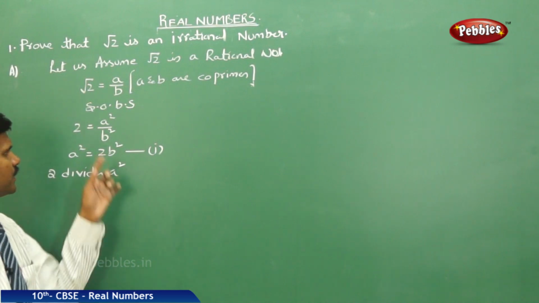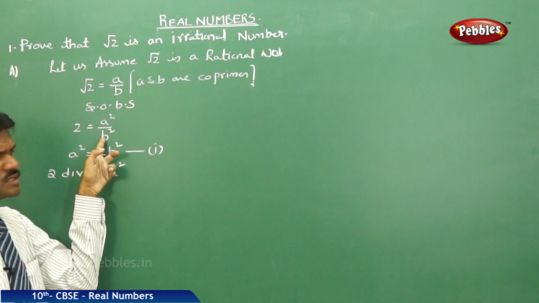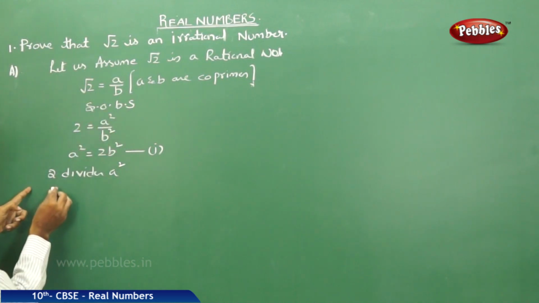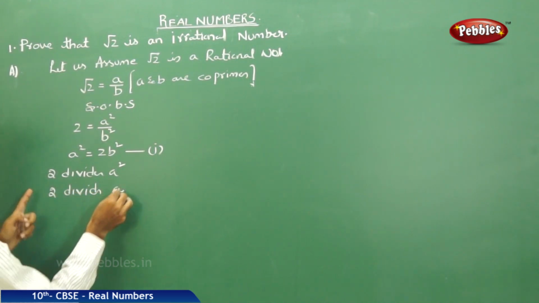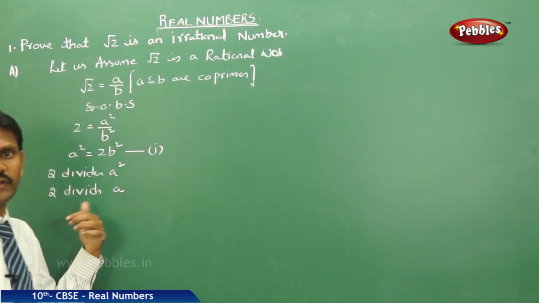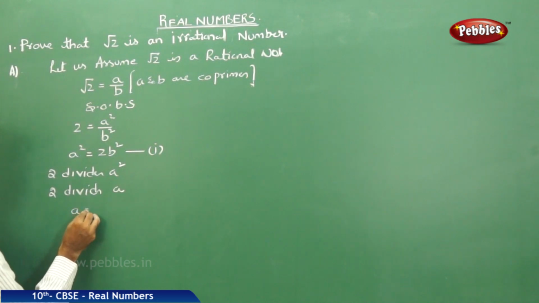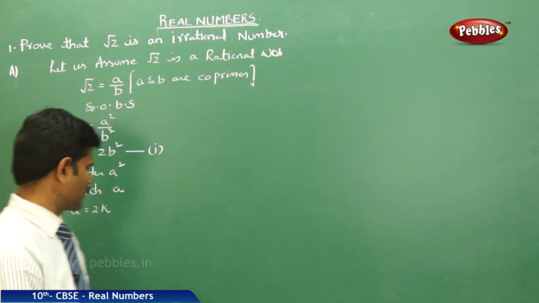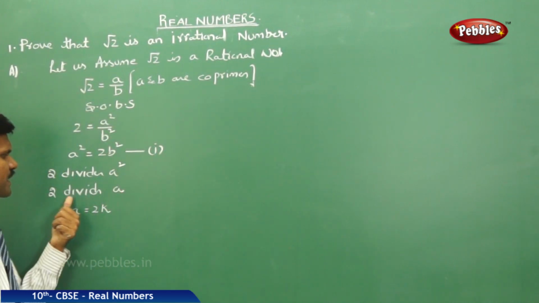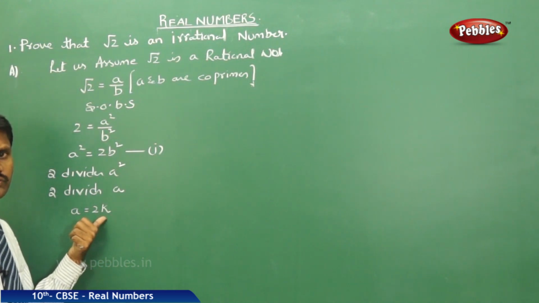If 2 divides a square, then 2 divides a. 2 divides a means your a is a multiple of 2.